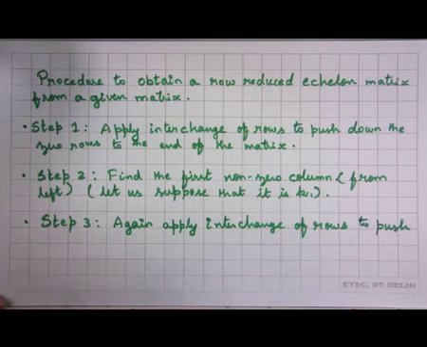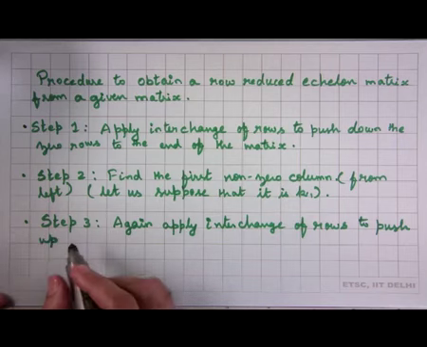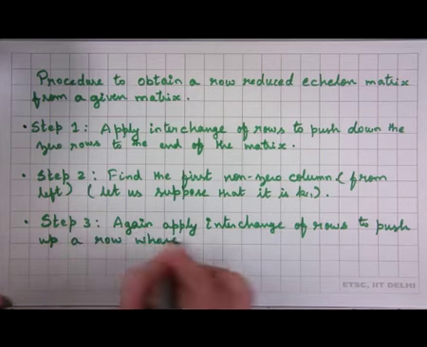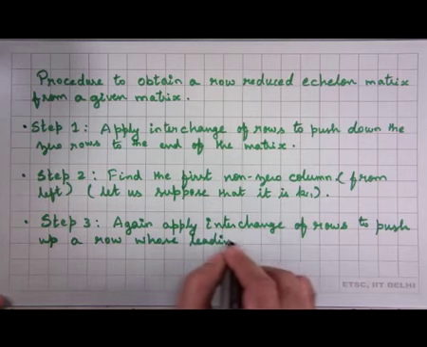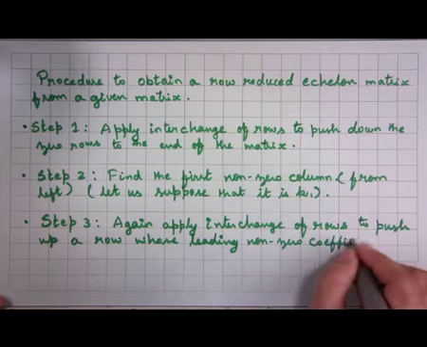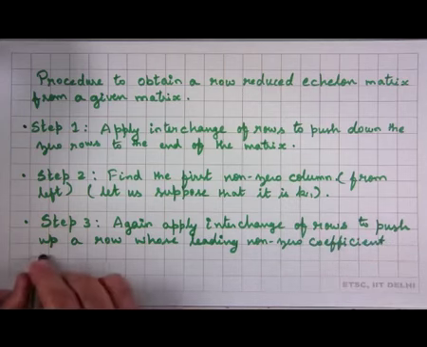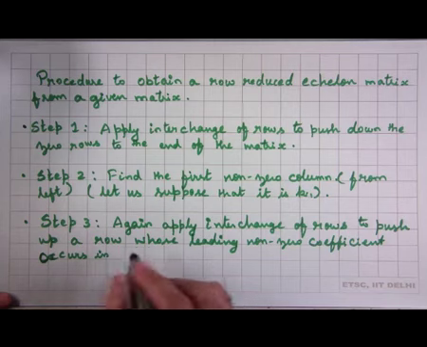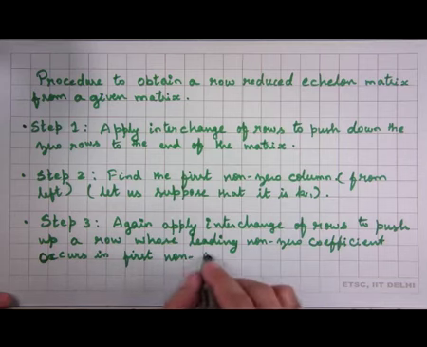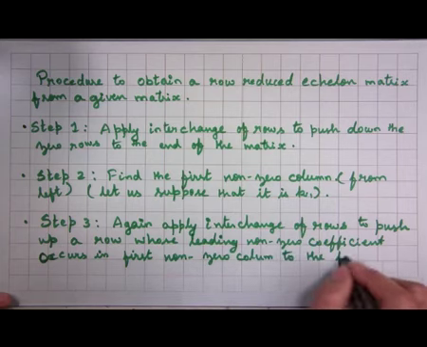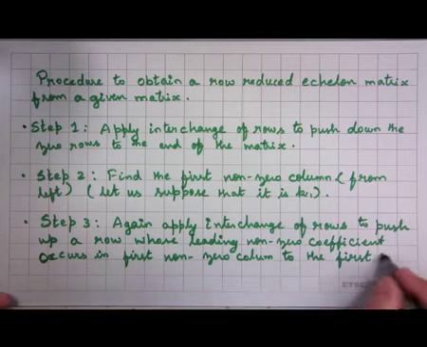So, earlier we pushed down, now we are pushing up a row whose leading non-zero coefficient occurs in the first non-zero column to the first row. So, I want this to be in the first row.